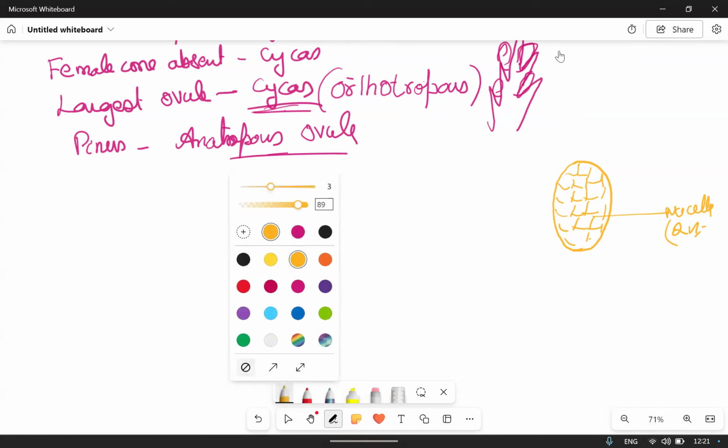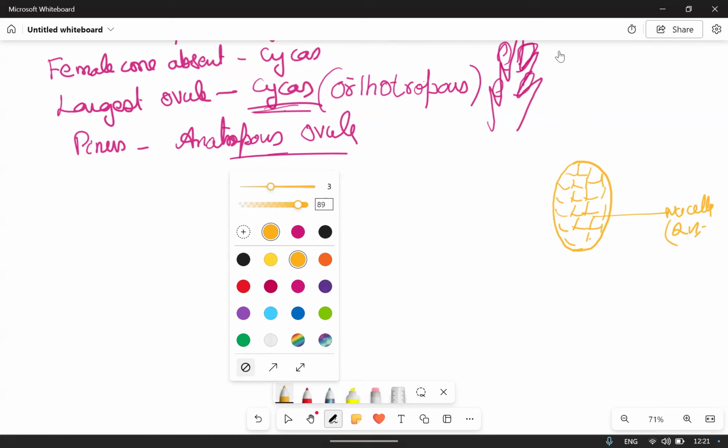Surrounding this, what is present? Integuments are present. In NEET, it is bitegmic. Normally unitegmic: in cycas and pinus, only a single integument is present, whereas in Gnetum you can see 2 integuments, like that of angiosperms.